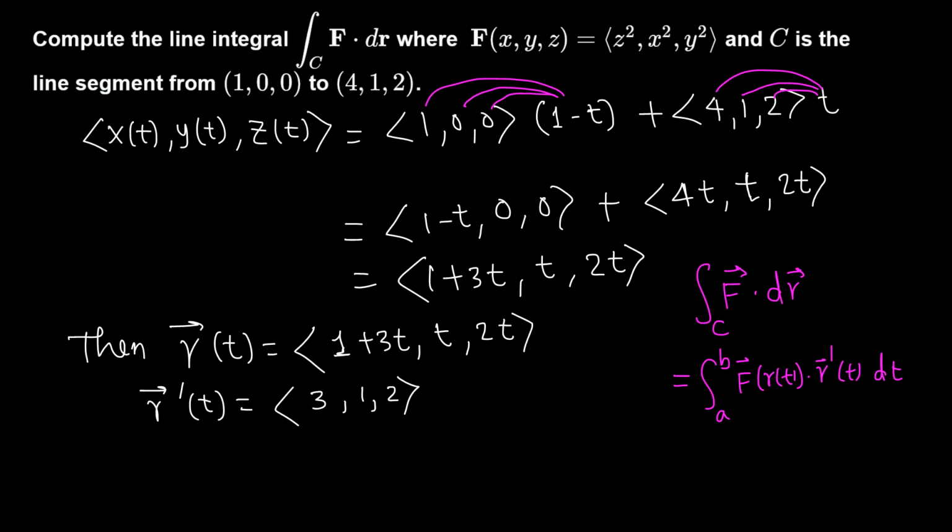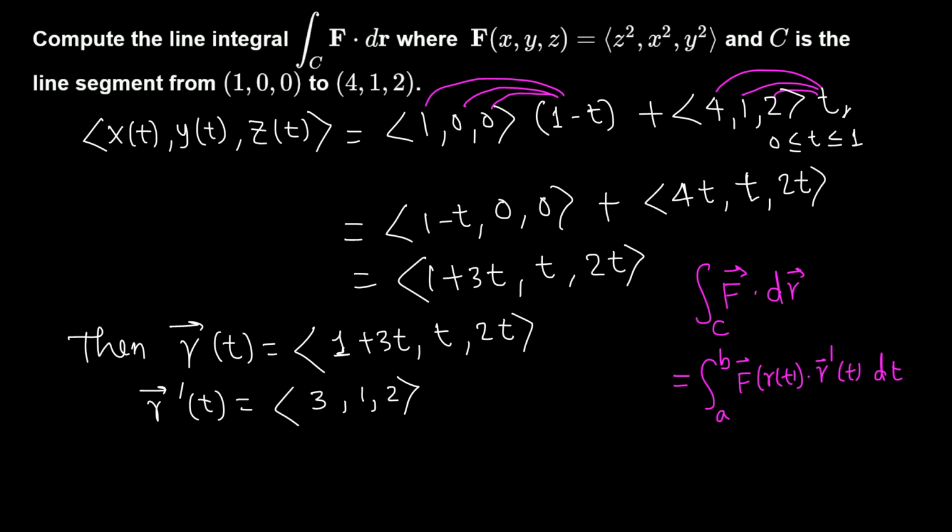And when we write this type of parametrization, remember we are assuming t is from 0 to 1. Okay, when t equals 0 we get the first point, when t equals 1 we get the second point. Okay, let me write down here 0 to 1.